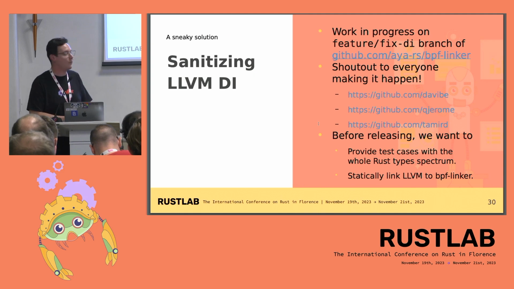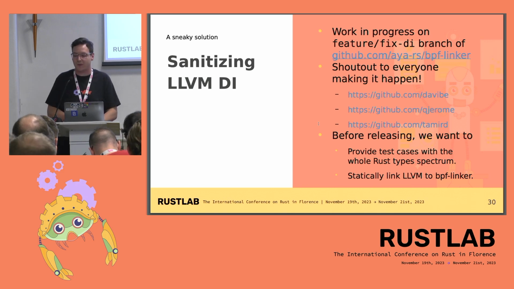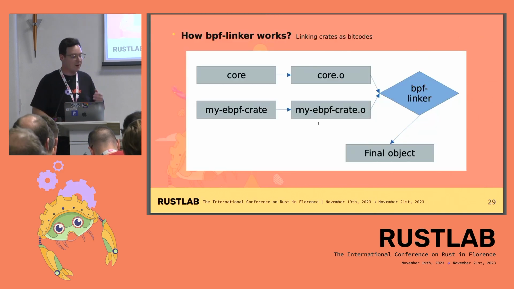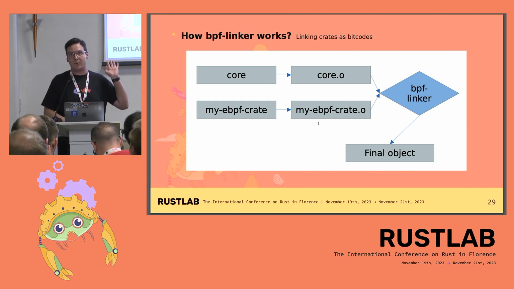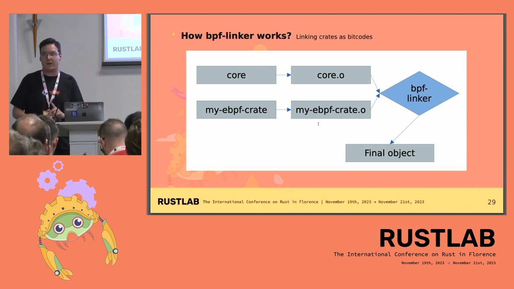And the other thing, it's a bit minor, but what we want to do before making the next BPF-linker release is linking libLLVM statically, because for now BPF-linker requires LLVM, and there are two ways of providing LLVM to it.